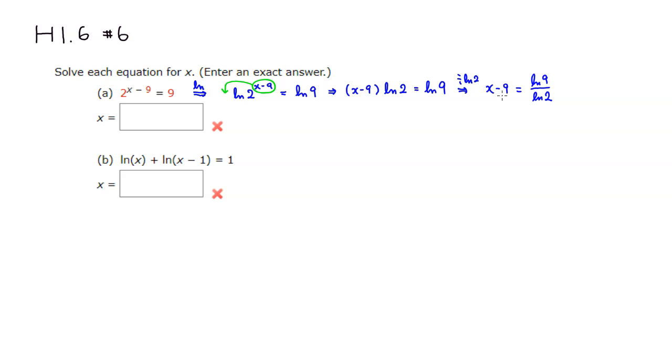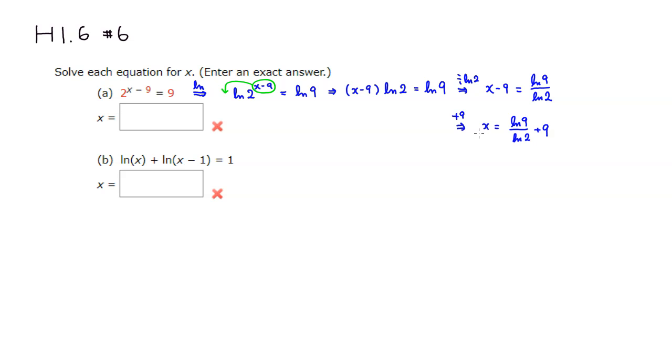Then we just need to get rid of the 9, so we add 9 to both sides. So x is equal to, it's not pretty, natural log of 9 over natural log of 2, plus 9.